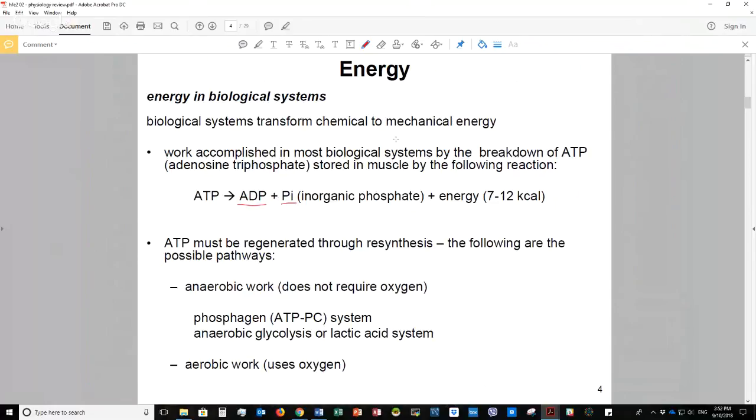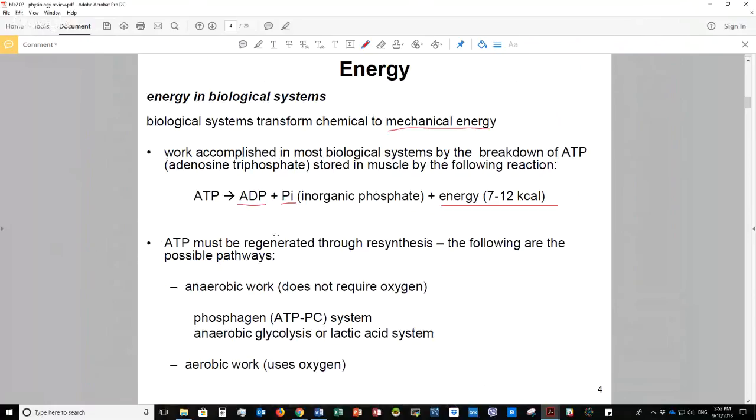Most of that transfer is from chemical to mechanical. So you'll see that the bonds between these elements and molecules has stored chemical energy. And when we break this bond, we're actually pulling out the energy and using it, and in this case for muscles, using it to convert it to a mechanical type of energy.